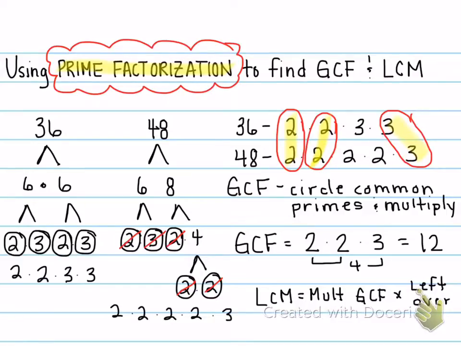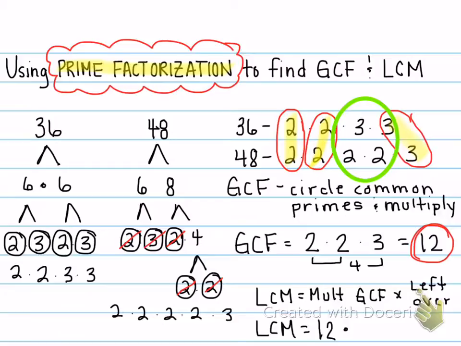So the LCM is 12. You got that from here, circle to 12. That's your GCF. Times what's left over. Well, if I look up here, the leftovers are these numbers right here, the 3, the 2, and the 2.